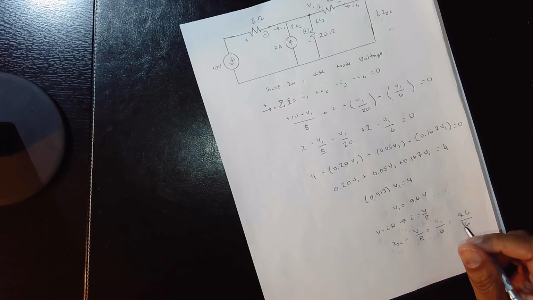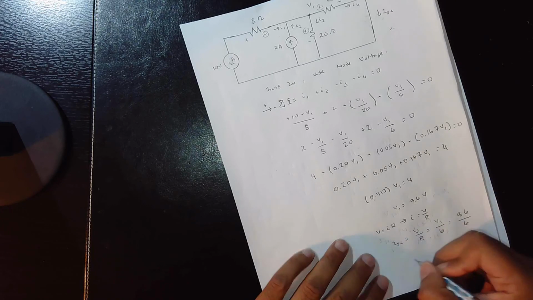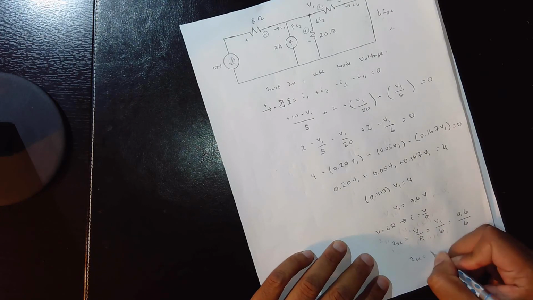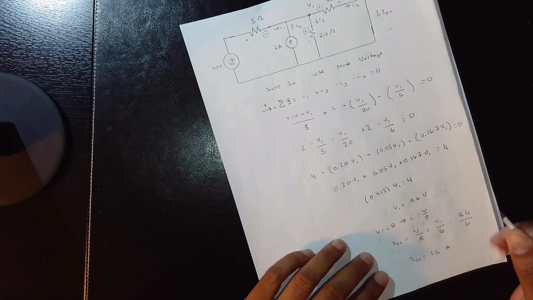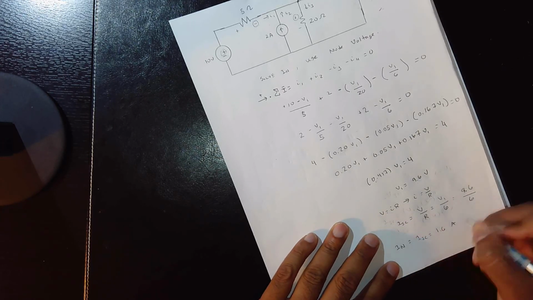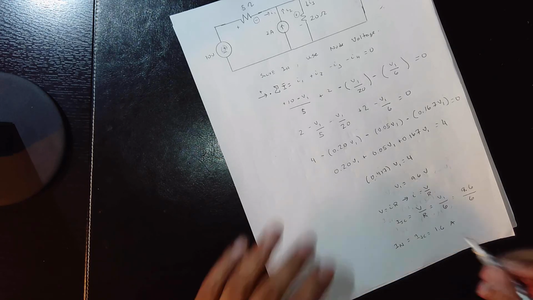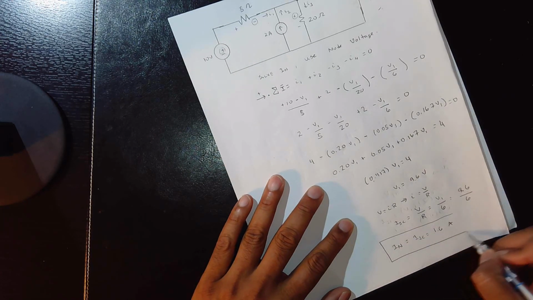If you go in your calculator real quick and type 9.6 divided by 6, it gives us 1.6. I of SC is 1.6 amps, which is our I of Norton, just like that. And that's how we get this.